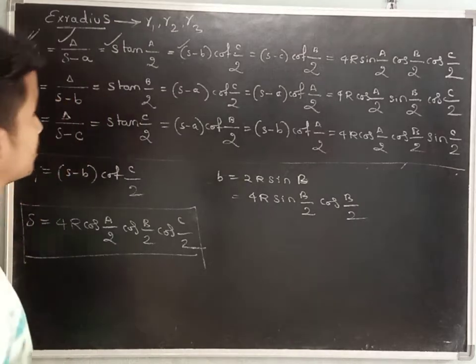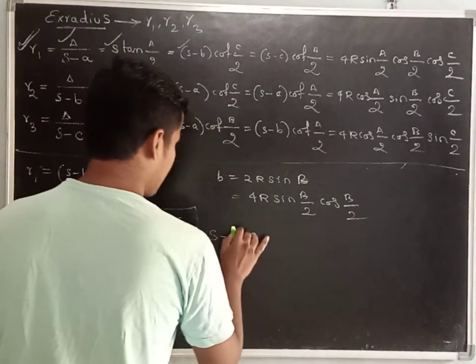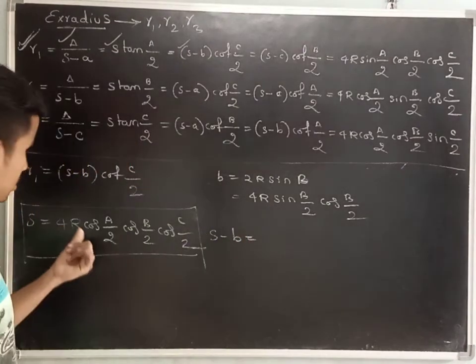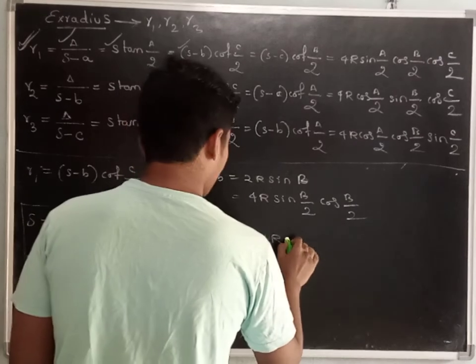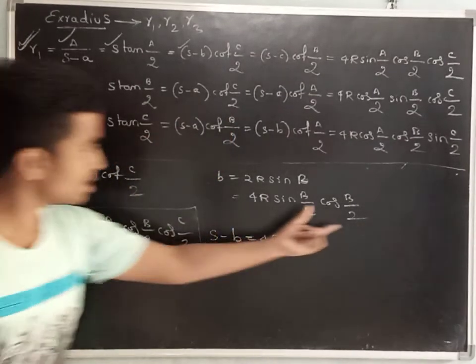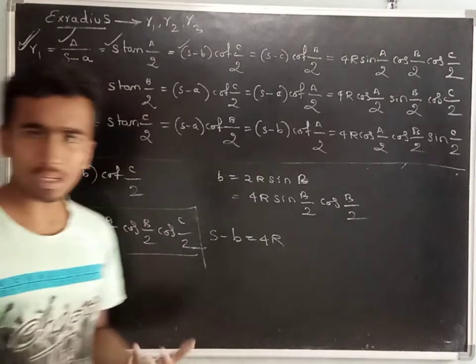Okay. S minus b is going to be 4r, so here cos b by 2, 4r cos b by 2 is going to be common.